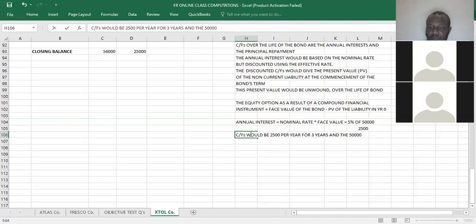And the principal repayment of 50,000 in the final year.